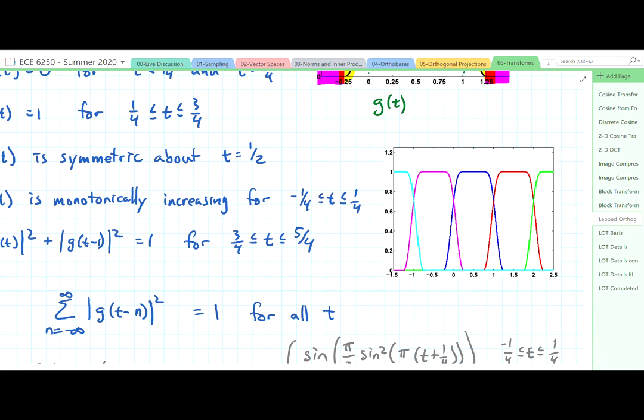I've tried to think of a good way to explain it, and it just is kind of hard to do because, in essence, it's just defined to work out perfectly, but it's a little bit hard to visualize.